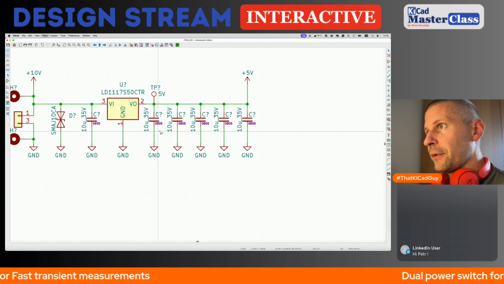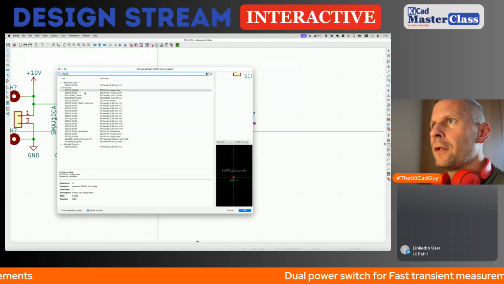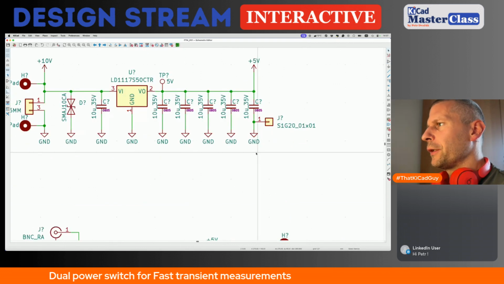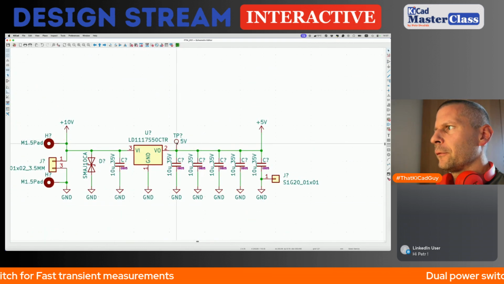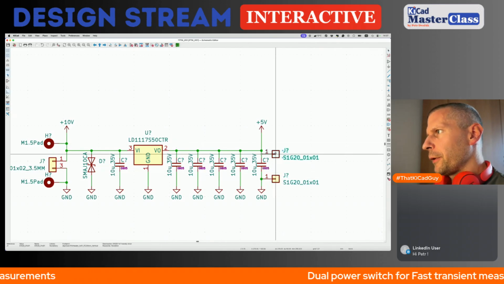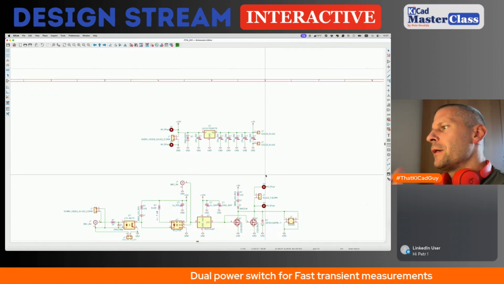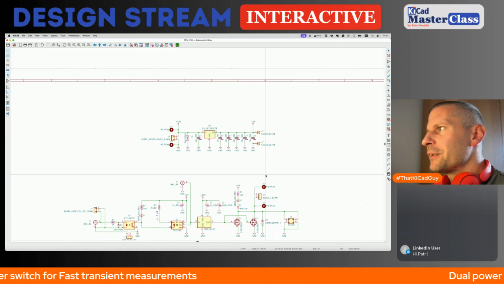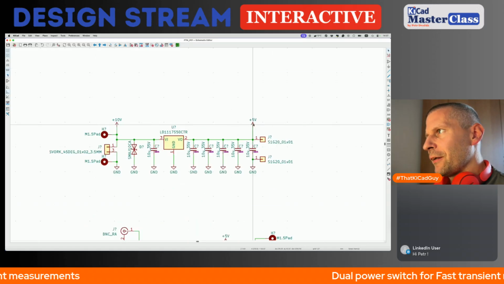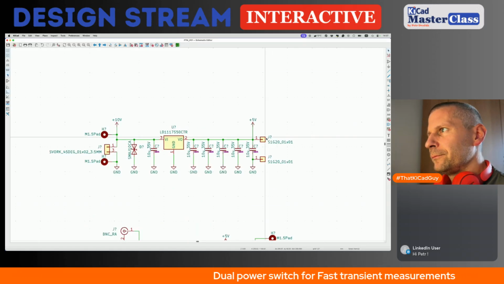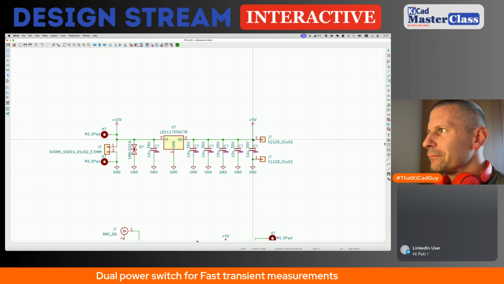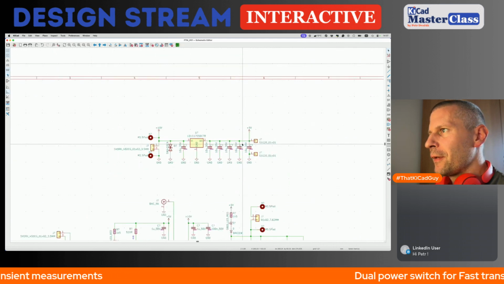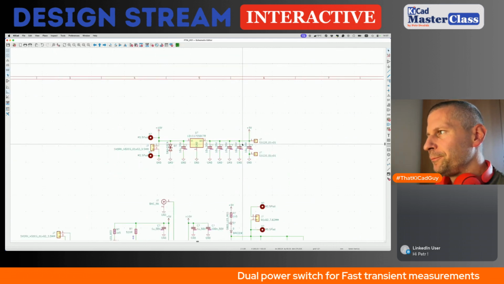Yeah, I can place the header with one pin only. So I can monitor, you know what? I will place two of them here. So I can measure the voltage here, and if I see that there is like unhealthy waveform on the 5 voltage output, I can make some adjustments.